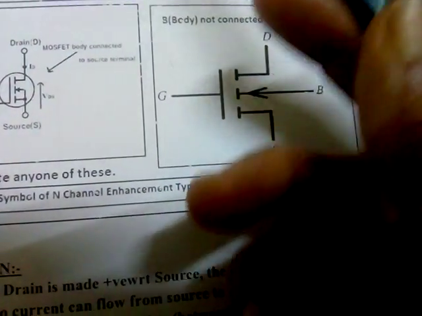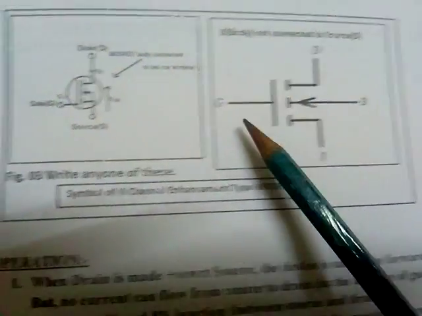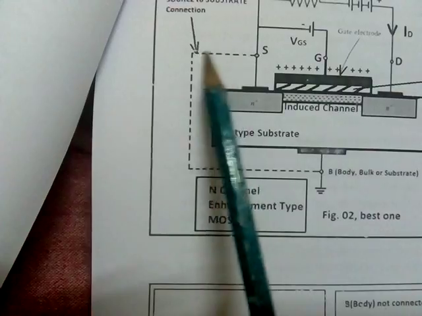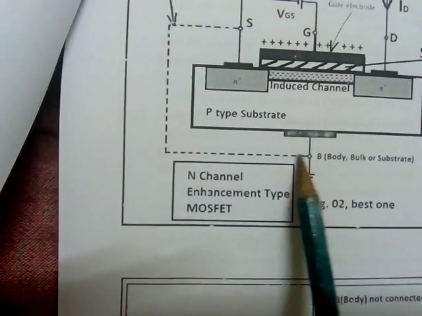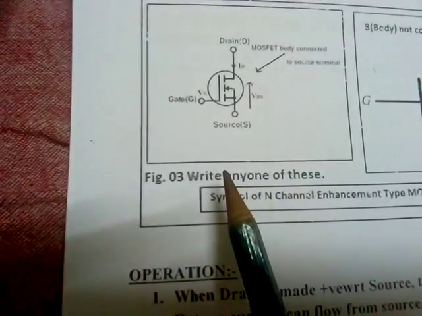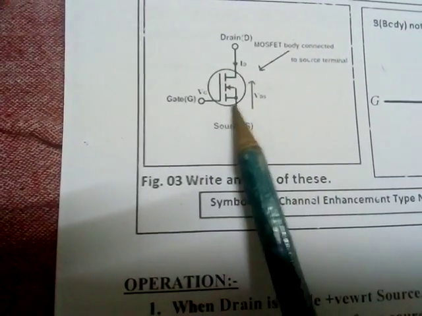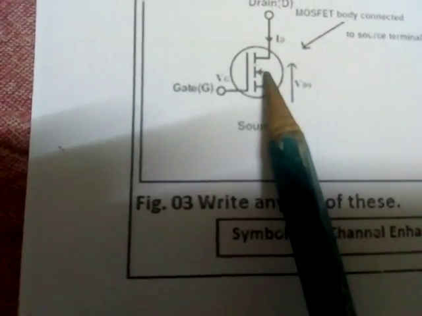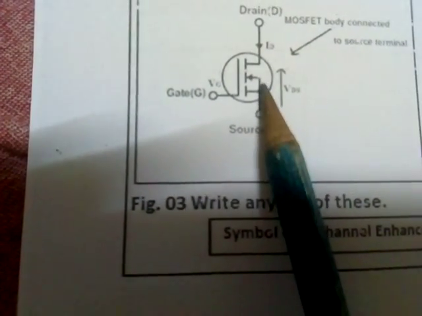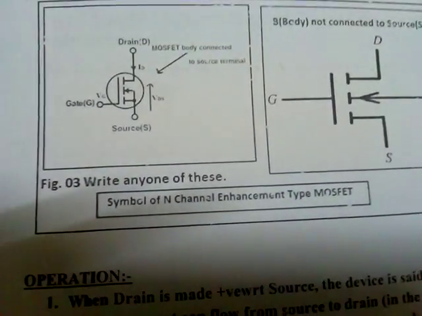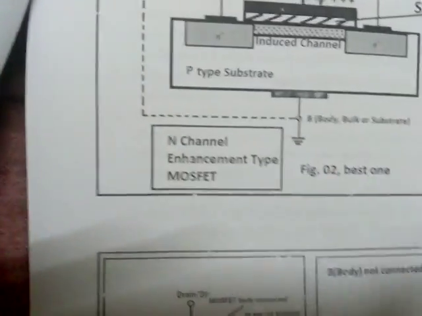Gate is kept at the other side. Usually source and body substrate are connected together. If that is the case, in the symbol you can see here source and body, that is substrate, are shorted.